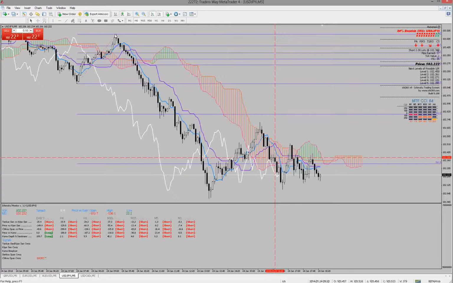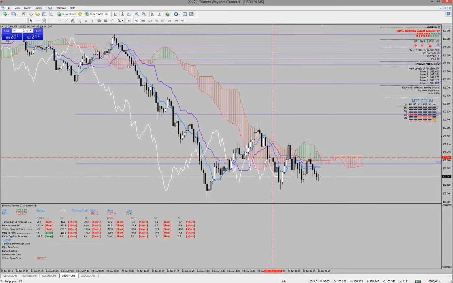And we have 61.8 right here when price came out. When price came out of this cloud, it hit 61.8. That is a definite point of reversal or consolidation. It's where if price wasn't going to trend down, it would have probably bogged out there, sometimes at 50%, 61.8. So what I did is I combined a little bit of Fibonacci common sense with the Ichi setup.